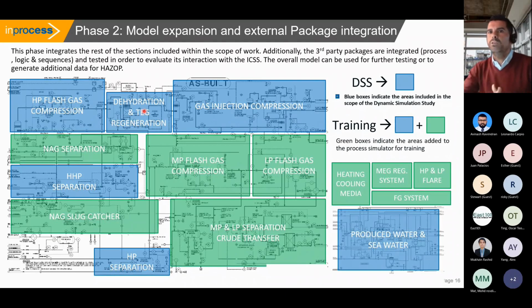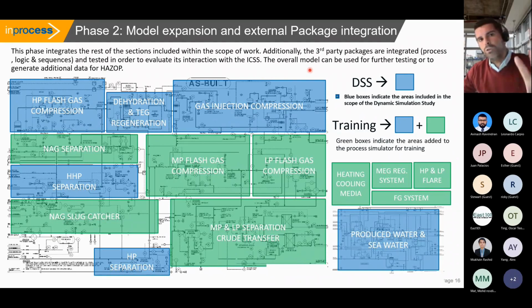When we need to do the control narrative verification, we need to add the rest of the areas and, of course, the third-party packages integrated with their logics and sequences, and this overall model can be used for further testing or to generate additional data for HAZOP.